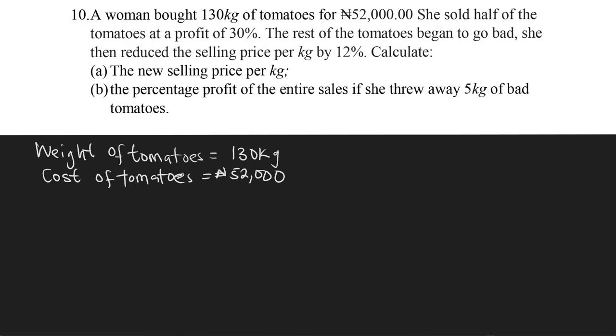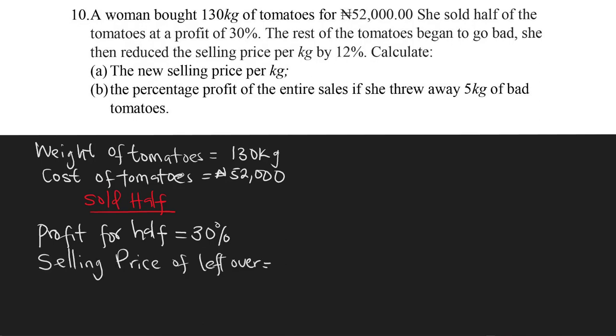So the profit for the half is 30%. And the selling price per kg for the leftover is reduced by 12%. So these are the information we have.